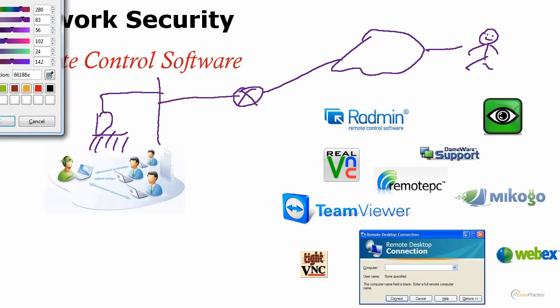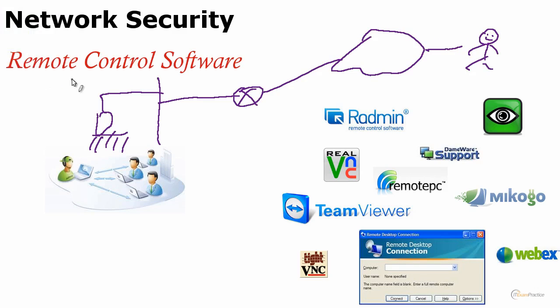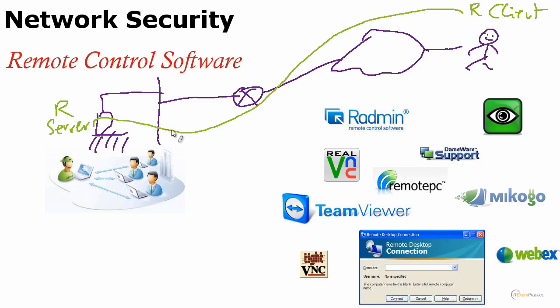What you're going to do, you will have, let's say, a Radmin or VNC client here, and here you will have a Radmin or VNC server. It's a client-server solution. And a session will be created between these two sites, right? Client-server.